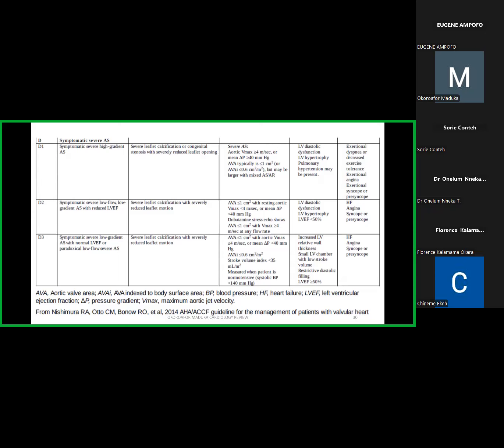However, the flow across the valve and the gradient will not be at the value that suggests severe aortic stenosis, just like D2. However, the difference between D2 and D3 is that whilst D2 has reduced left ventricular ejection fraction, D3 is preserved. And so this classification is instructive because it helps us know which patients will go for valve replacement, as we will see as we go ahead in the presentation.